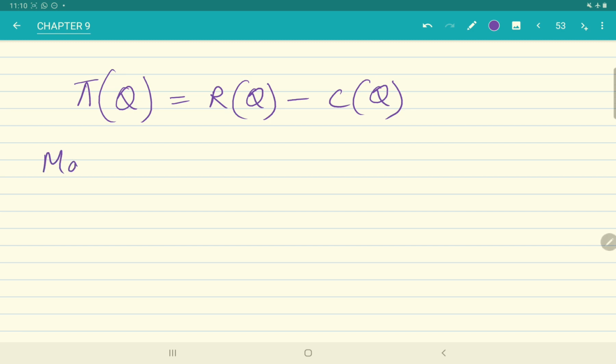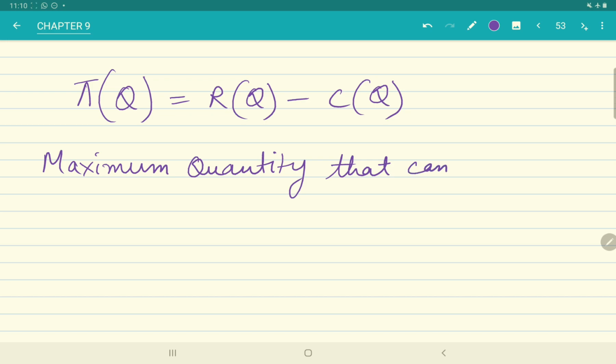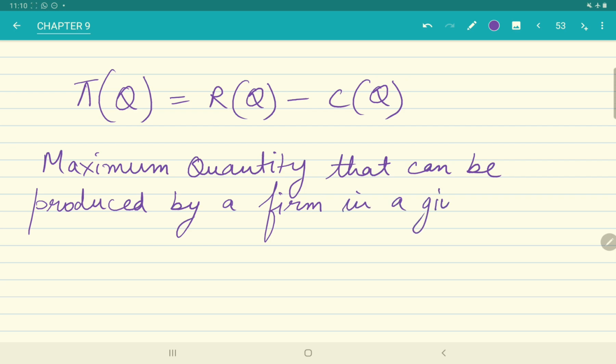So the maximum quantity that can be produced by a firm in a given period is Q bar.